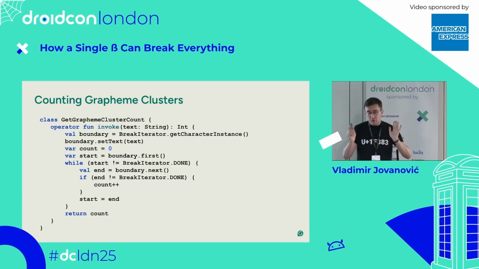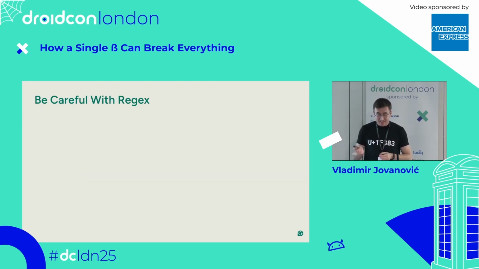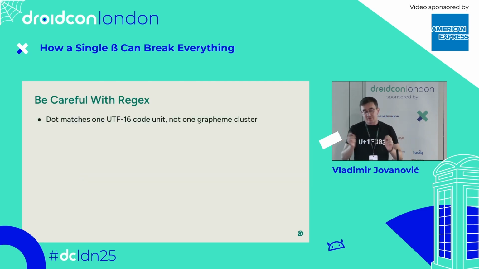But before you go running off thinking I can just do this with regex instead, let me show you why this can be a trap, apart from regex being a maintenance trap. Dot in Java's regex matches a single UTF-16 code unit, not the full grapheme cluster. This means that emoji grapheme clusters will be split into matching components.